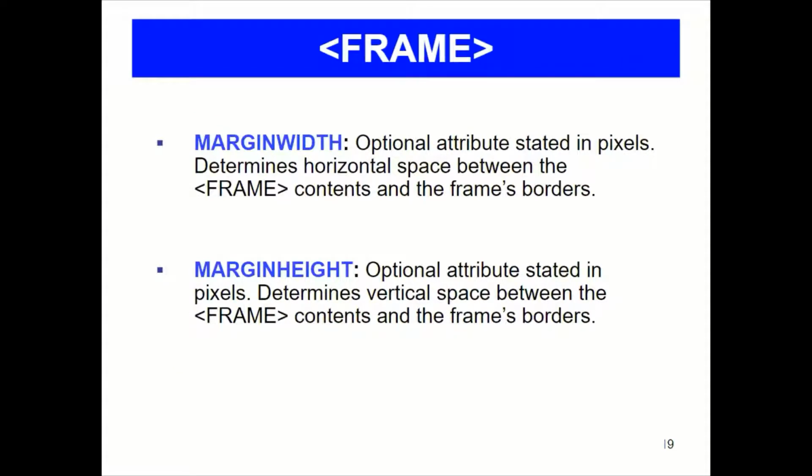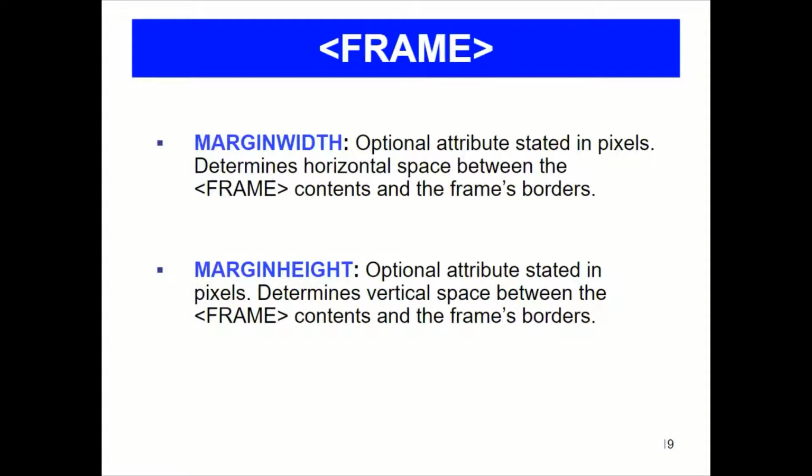The next two attributes that we can use with the frame element are margin width and margin height. Margin width, which is an optional attribute, has its value stated in number of pixels. What does this adjust?